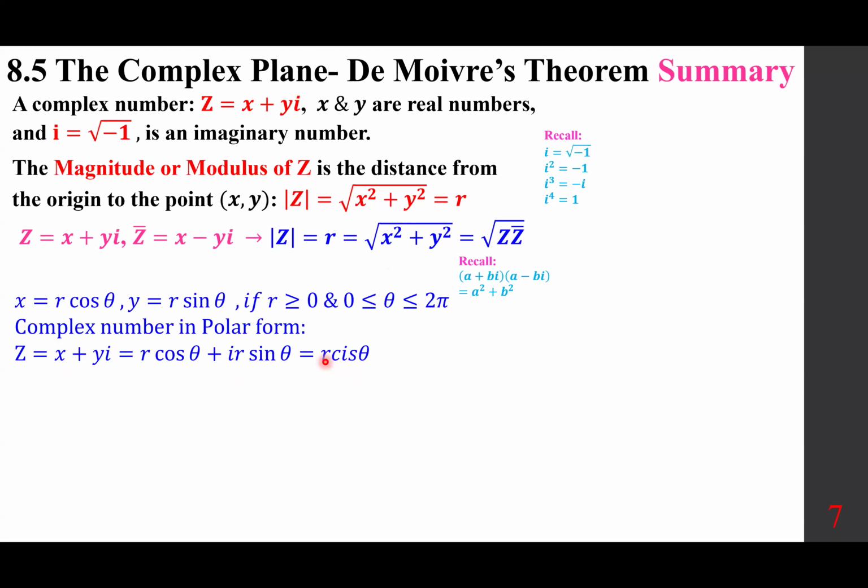Where does that come from? This has r, so we have the r. C stands for cosine, i stands for this i here, and s stands for sine. So r cis theta means r cosine theta plus i r sine theta. And I hope everybody's okay with that.